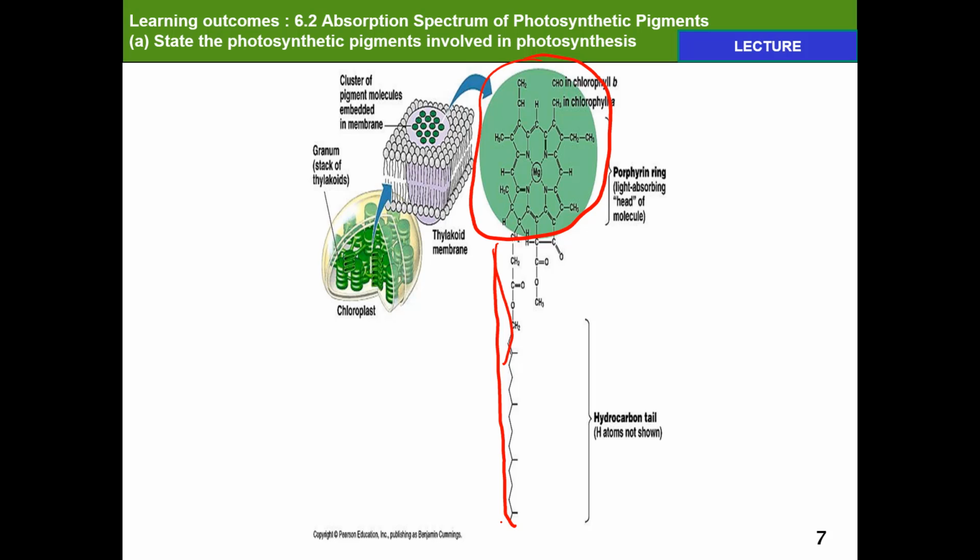The tail is lipid soluble because it is made of hydrocarbon, so it is hydrophobic, and it is normally embedded in the thylakoid membrane. The porphyrin ring is hydrophilic, so it lies on the surface of the thylakoid membrane.